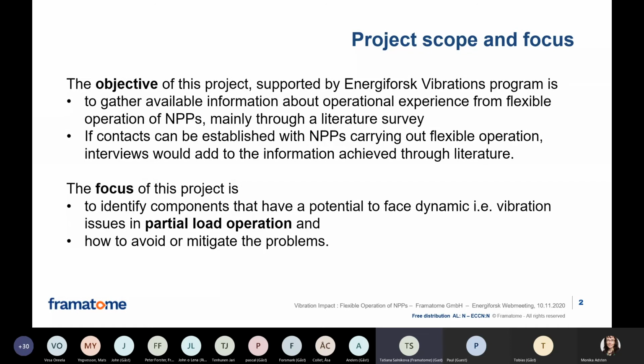We spoke with all 3 utilities in Germany, and the focus was to identify the components and the types of vibrations they have seen over the last 20 years, and to look at which mitigation possibilities they had, or which other mitigation possibilities could exist for the future and could be transferred or applied to the Nordic plants as well. The next slide, please.